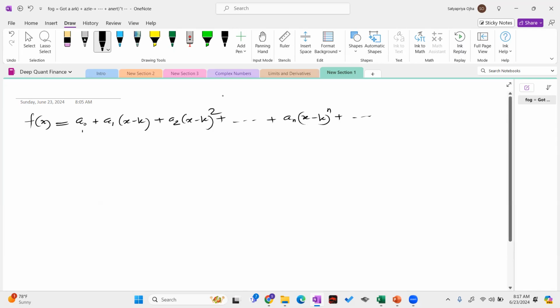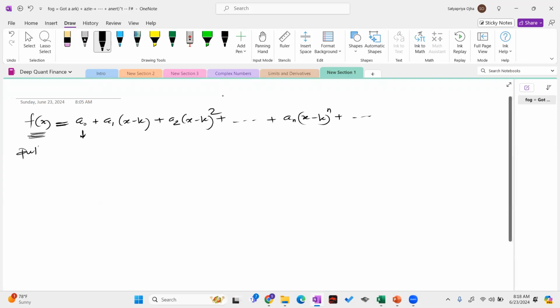How do I find a0? There is a trick. This function would be given to you, some known function, right? How do you find a0, which is the constant coefficient? Any ideas? Okay, you're saying x equal to k. That's correct.